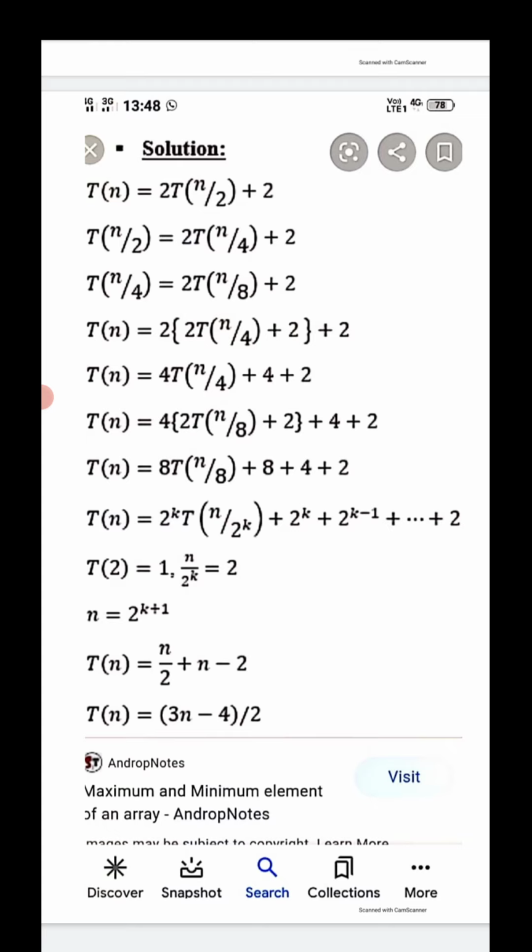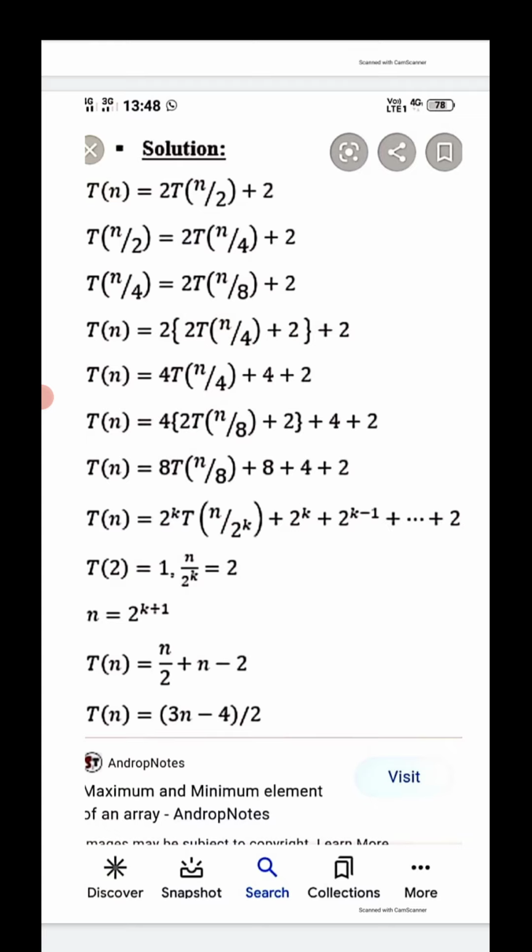Let us find out the time complexity of the maximum and minimum element by using the divide and conquer technique. Let us take T of n is equal to 2T of n by 2 plus 2. In place of T of n by 2, we write 2T of n by 4 plus 2, plus 2. Multiplying, T of n is equal to 4T of n by 4 plus 4 plus 2.